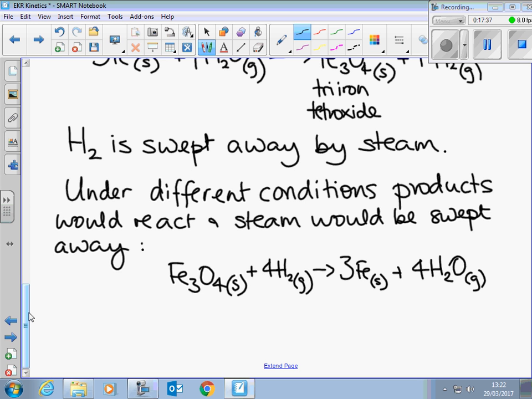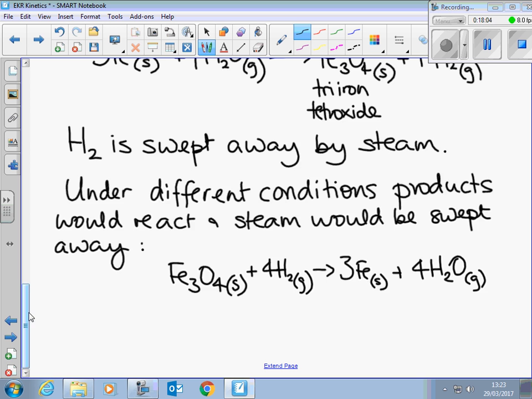Okay, so far it's not rocket science. So essentially the reaction is reversible, but usually you would define normal conditions and they will tend to go one way under those conditions. It's having this ability to manipulate reactions.